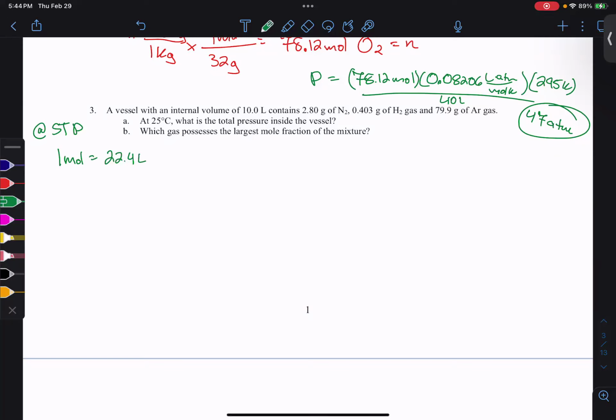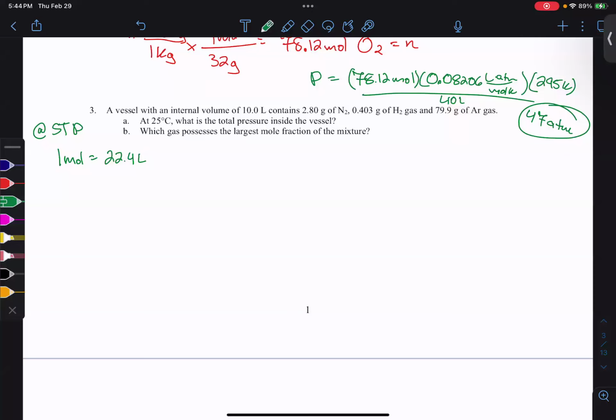It does not matter what the identity of that gas is. It could be neon gas, argon gas, whatever. And so what we see here is, if you have a mixture of gases, the mole amounts of each gas contribute a partial pressure into the container, but then those partial pressures add up to the total pressure of the system.